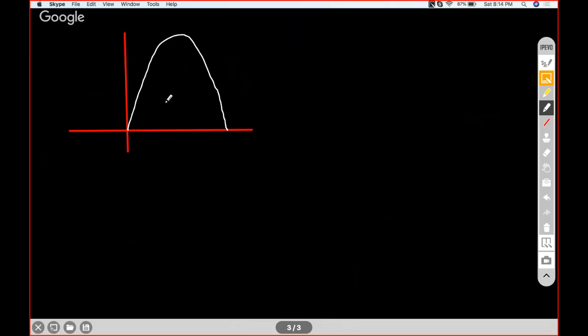So your function is given to you, 6x minus x square from 0 to 6. So 2, 4, 6. Correct? Now from this midpoint, you put an M3, right? Yeah. Make a triangle like this.